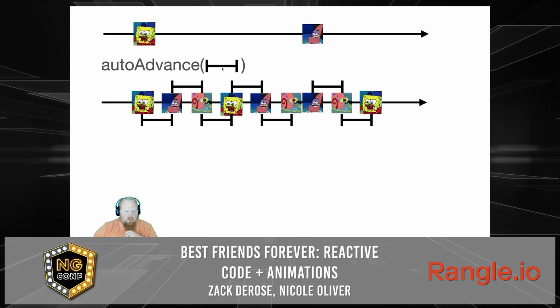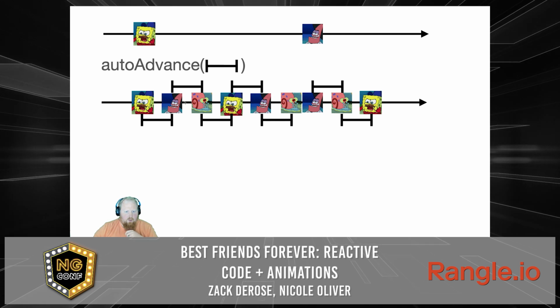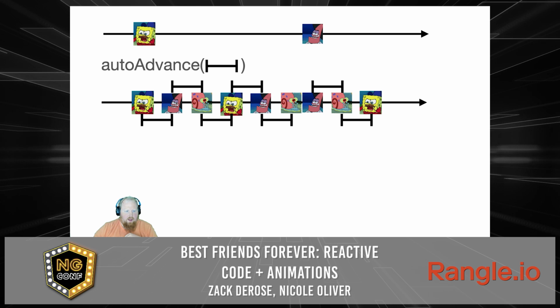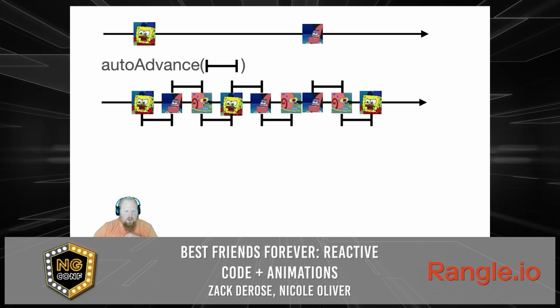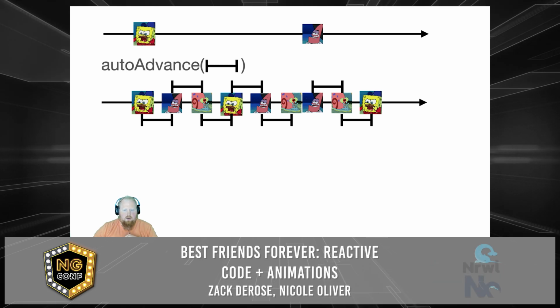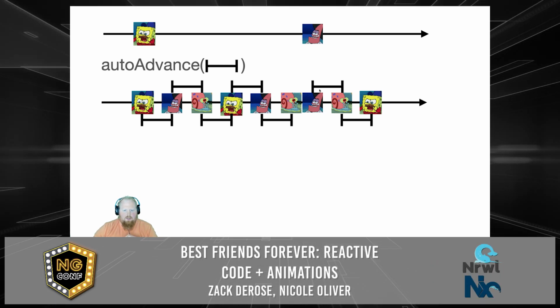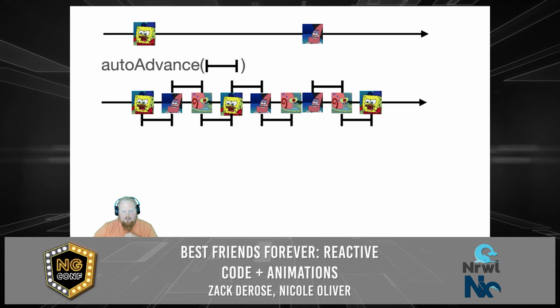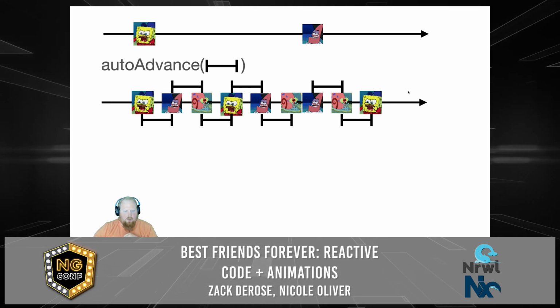Auto advance would take in a duration and result in an observable where we wait that duration each time stepping from state to state until we see Nicole click on Patrick, in which case Patrick interrupts and starts a new chain of the sequence.